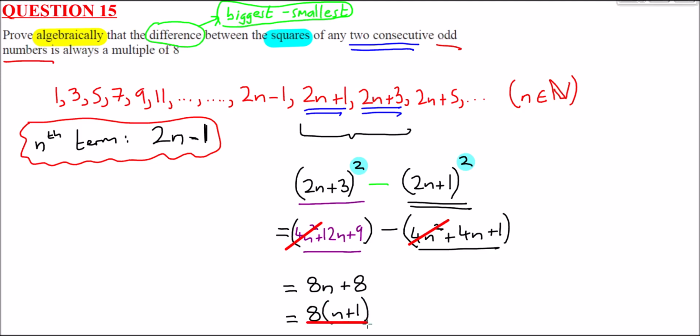So finally, I'd always suggest with proofs to return and make a statement regarding what we're trying to prove.